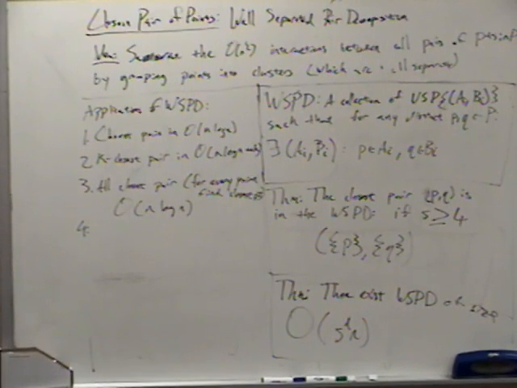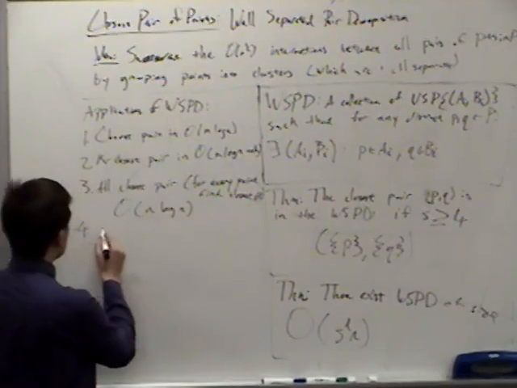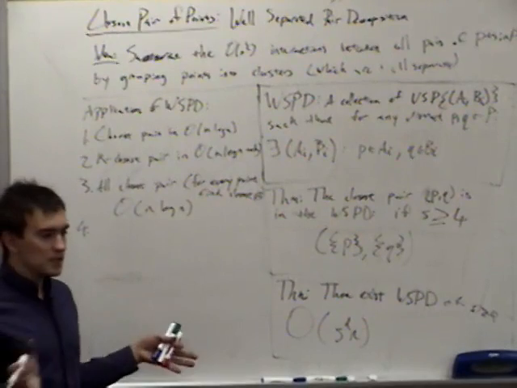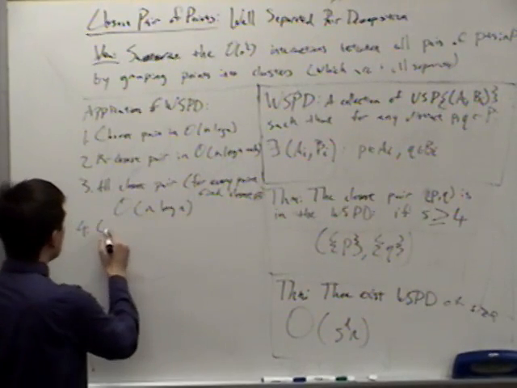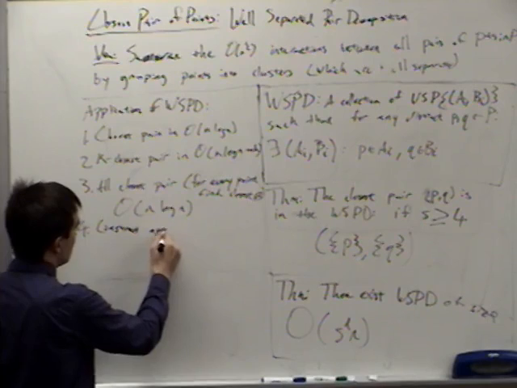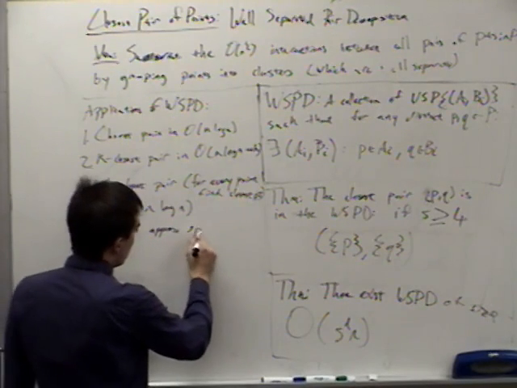It also turns out to be very useful in a variety of geometric approximation algorithms. So this can be used to construct a spanner, which is basically a graph that approximates the distances in the point set. So we can construct approximate spanners.